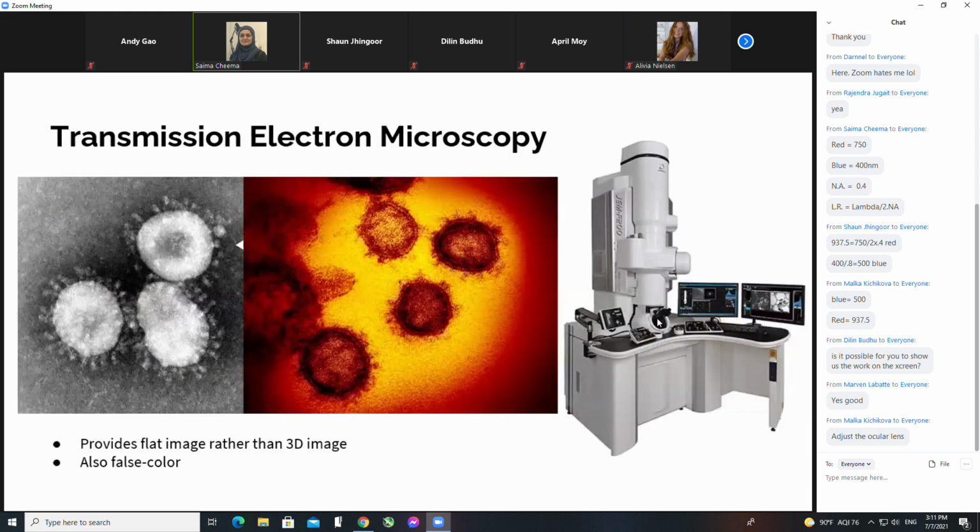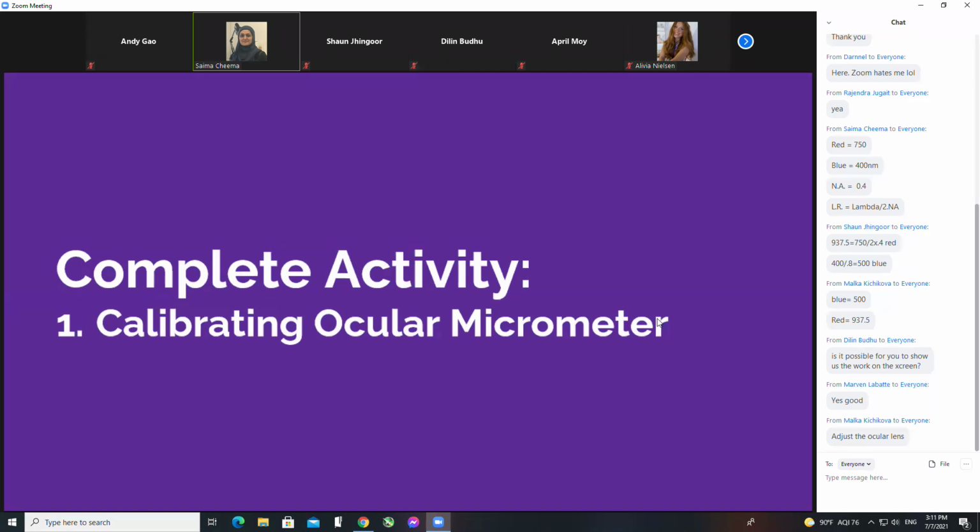No? Okay, so there are a couple of things we're doing today. One thing that we're doing today is the calibration of the ocular micrometer, and we're going to use a virtual microscope for that. The other thing that we're doing is a couple of Connect simulations. So why don't you go ahead and do the Connect simulations.